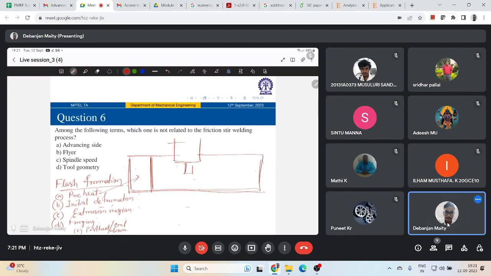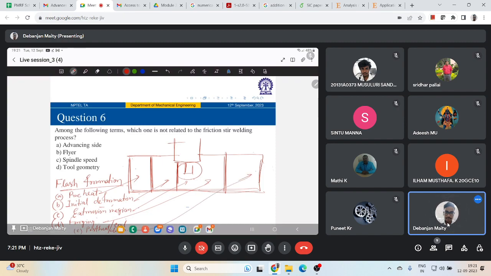Then here will be the initial deformation zone. In the vicinity of the tool, there will be the extrusion zone and forging zone. And finally, here you will have the post-heat zone.